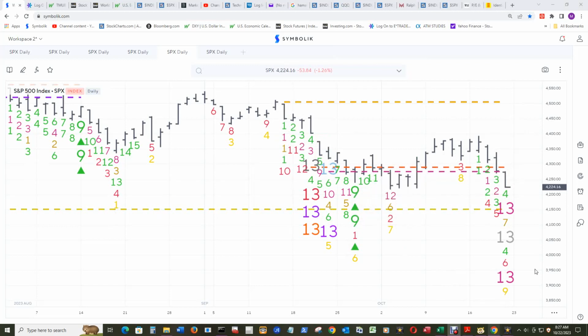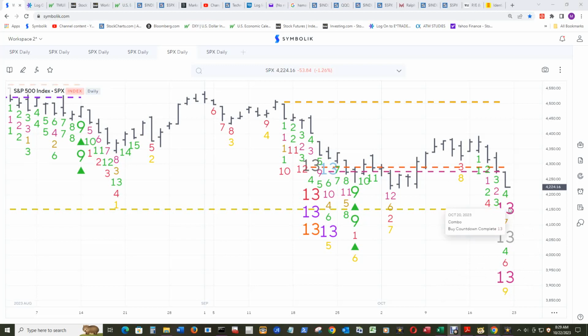So I believe that these will become, for sure this one will become negated, and then possibly this one too. So we'll have to wait and see if and when that happens. Bottom line, this is still a threat to print a 13. It has a long way to go to the downside, and this one too is extremely ominous.